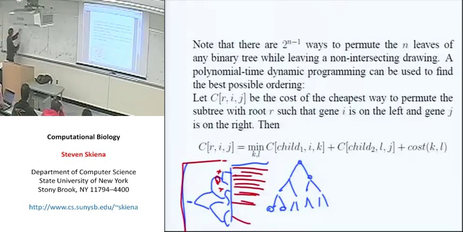Unless I reverse this node and reverse this node. Why couldn't I have gene 2, gene 1, gene 3, gene 4? Does everybody see that? So the freedom that I have to make my picture nice is I can do a reversal at each one of these nodes, what is left or what is right.